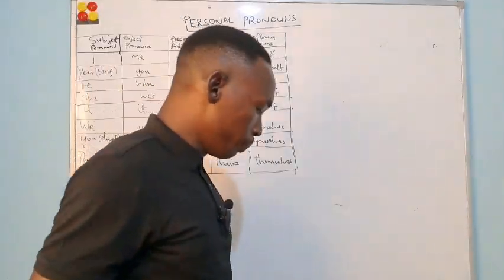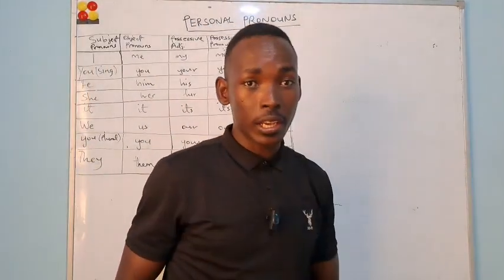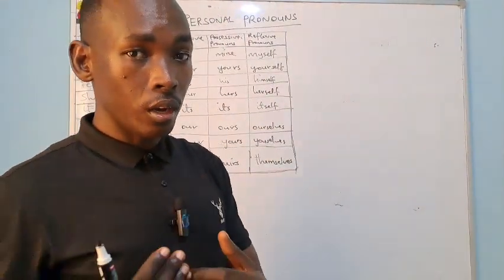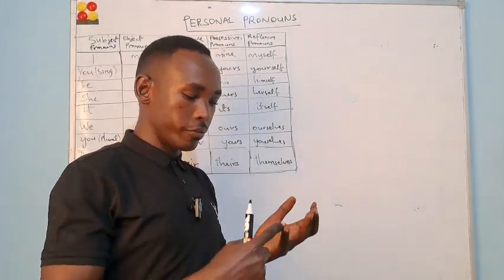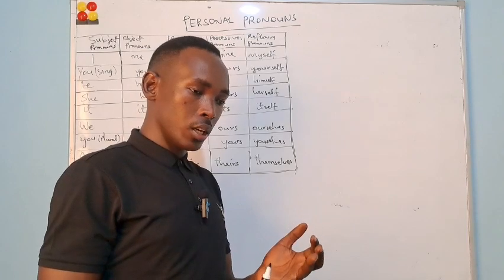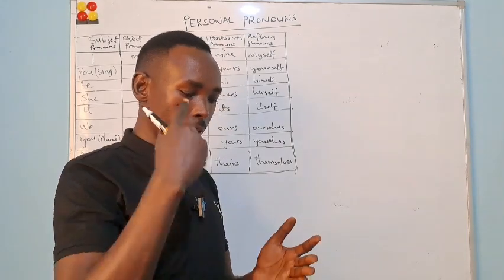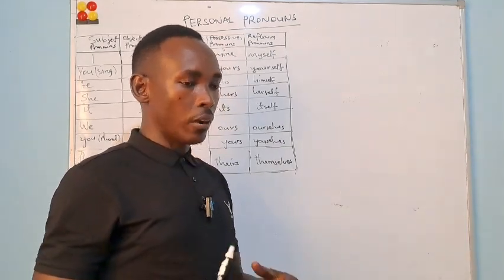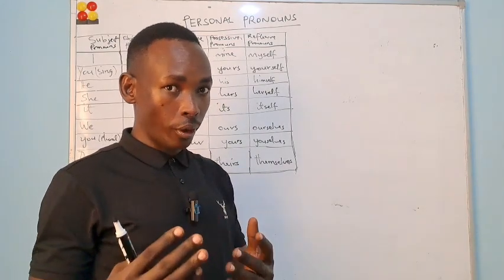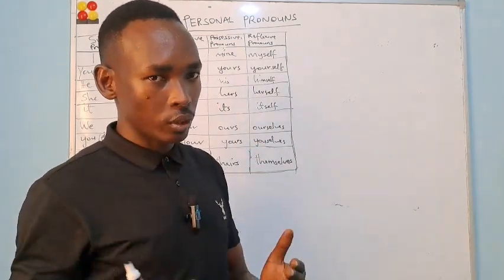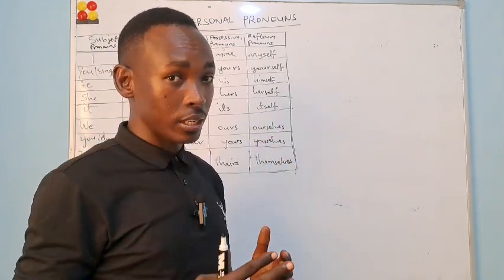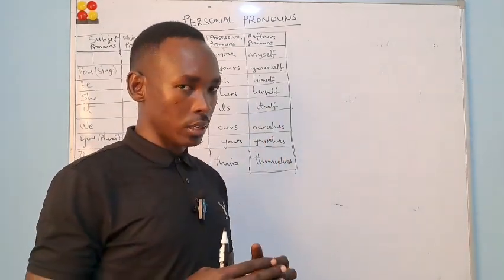In summary, we can conclude by saying that the personal pronouns are of three categories. We have first person, second person, third person, or the basic personal pronouns, which are the subjects of the sentences. They can act as subjects of the sentences, but they have to represent the nouns. Okay, are we together?